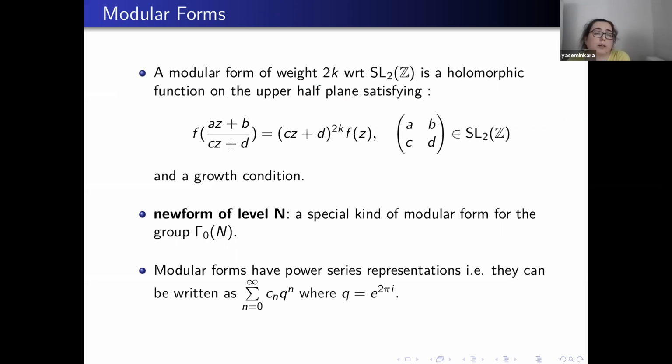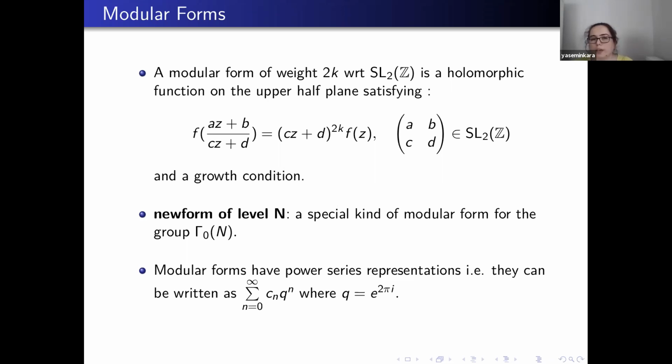Now let me talk a little bit about modular forms. Actually, I can give the general definition of an automorphic form, but I don't want to do that. So a modular form of weight 2k, and in this definition I am only defining it with respect to SL2Z, which are 2 by 2 matrices with integer entries and determinant 1, is a holomorphic function on the upper half plane which satisfies the written transformation property.